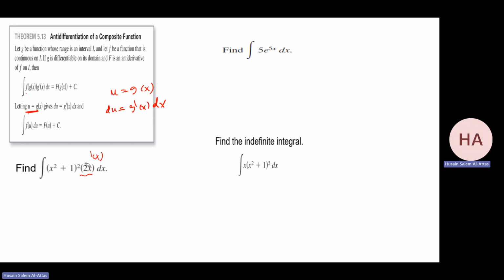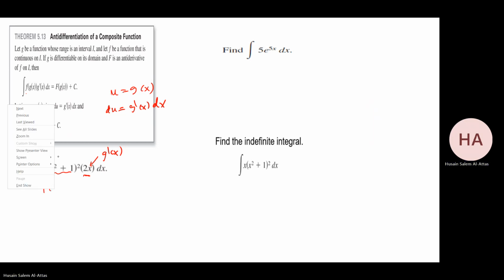Maybe this one will be easier, which is very clear. Let me go with this one. So I have capital F of g of x, or small f of g of x.